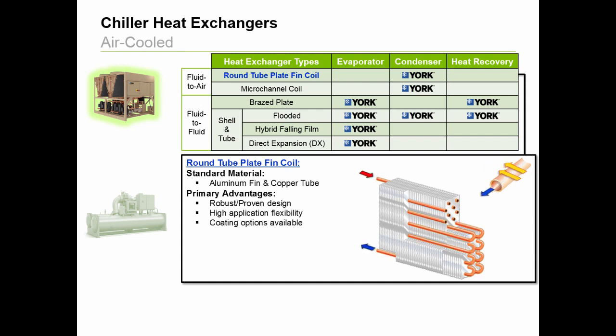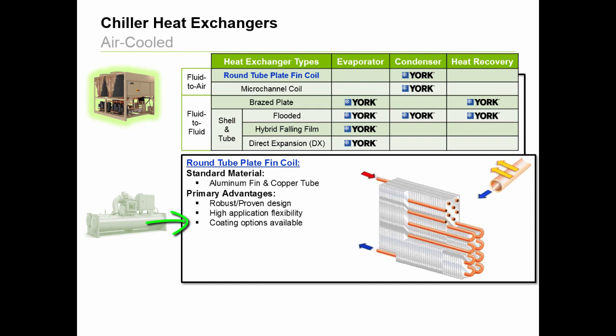Its primary advantages are its robust or proven capabilities, driven from lengthy application experience, and its high flexibility, meaning it can be used for standard comfort cooling or heat pump applications with higher lift requirements. In most situations, coil rows simply need to be added to meet the specified design requirements.